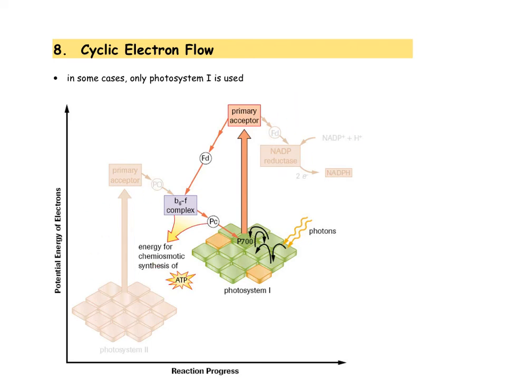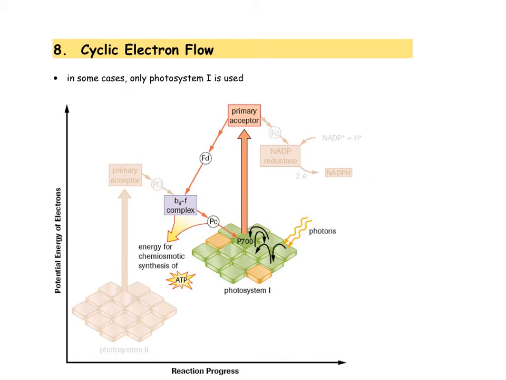So when we're talking about cyclic electron flow, what we're referring to as being recycled are electrons. So in non-cyclic electron flow, we have P680 promoting electrons being moved to fill the hole in P700, eventually being promoted and then becoming a part of the NADPH molecule.